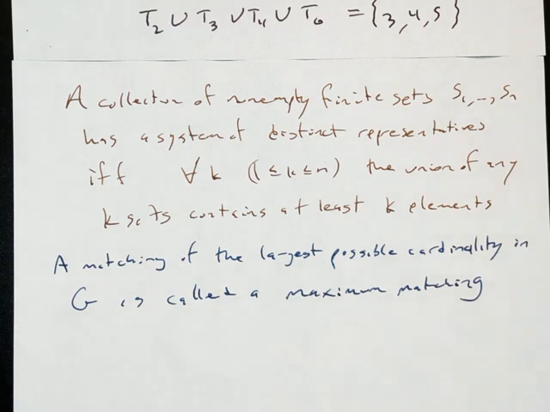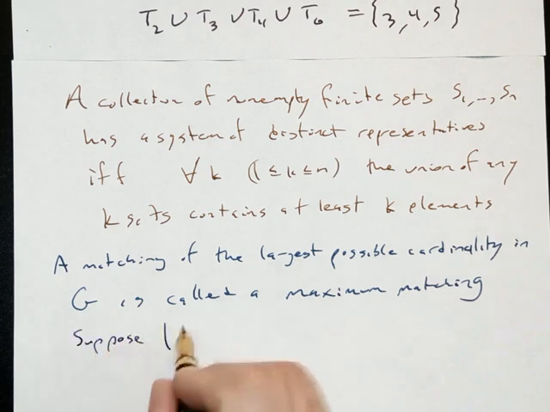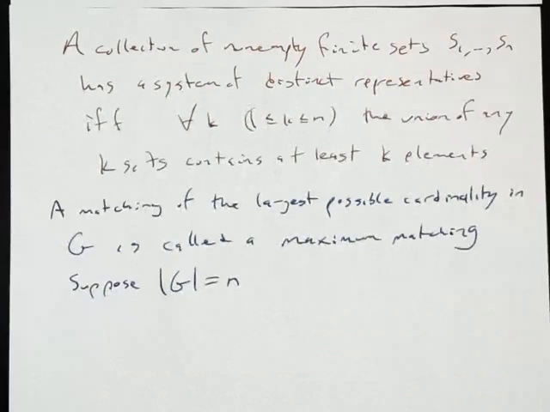If I have an arbitrary graph, let's step away from bipartite. Suppose I have a graph of order n. What is the biggest possible matching I can have in this graph?